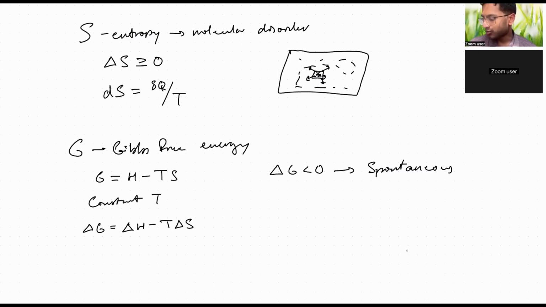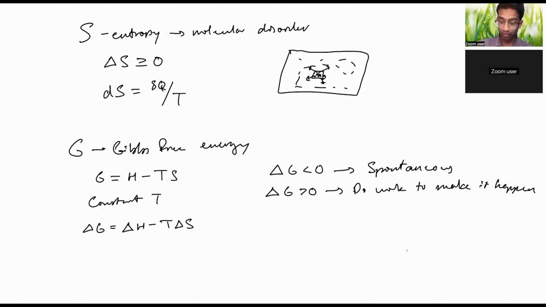Now, if delta G is greater than zero, it's the opposite. You need to actually do some work to make it happen. It won't just happen spontaneously, because either you've increased the energy state by a large amount or you're decreasing the entropy. Or both.